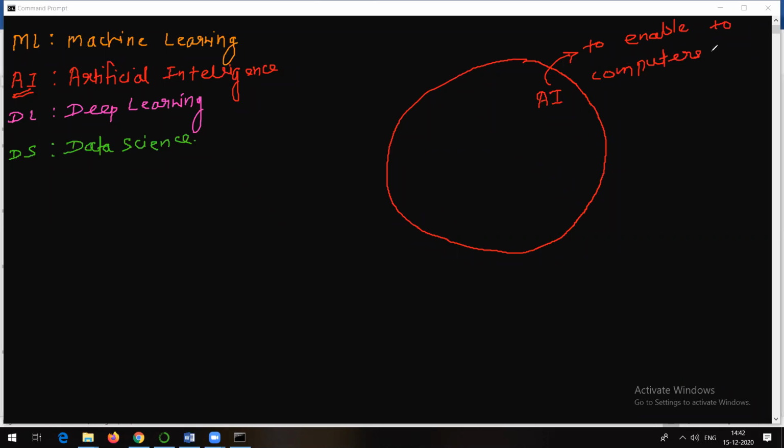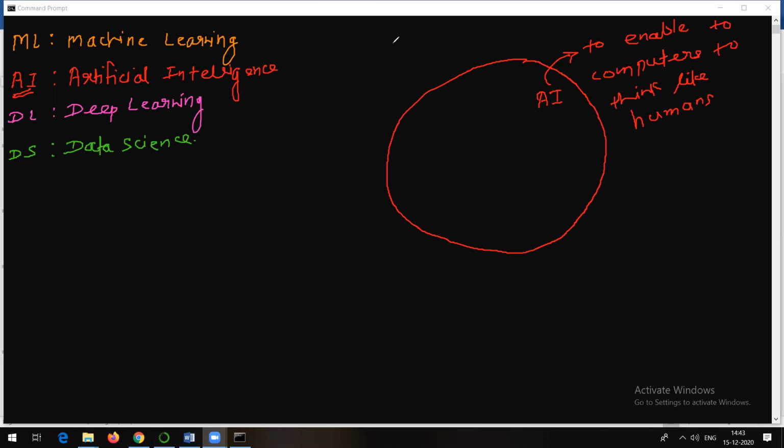Obviously, AI is a very huge domain. There is no end to AI. So, in simple words, to enable computers to think like humans, that is artificial intelligence. As I told you, artificial intelligence is a bigger umbrella. That means everything is going to come under AI only.